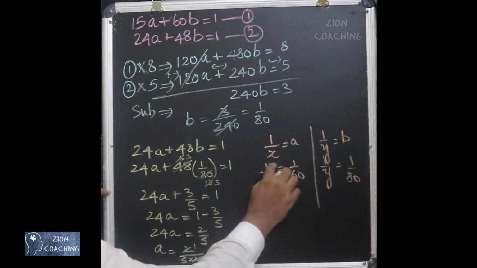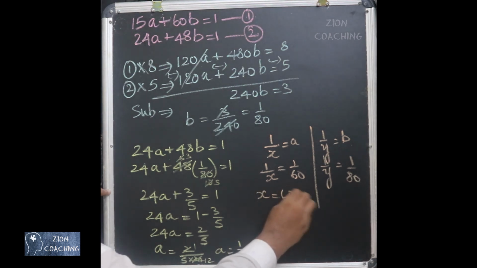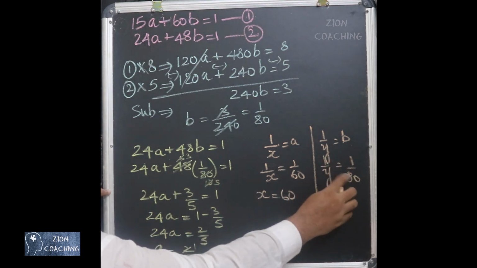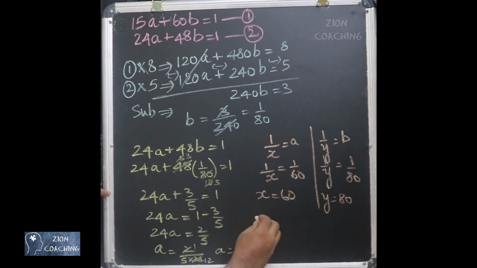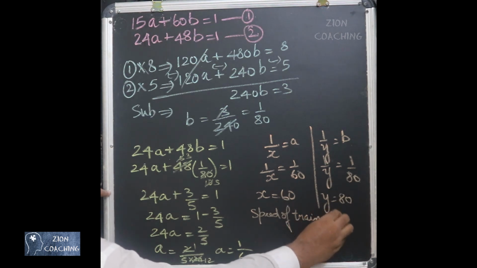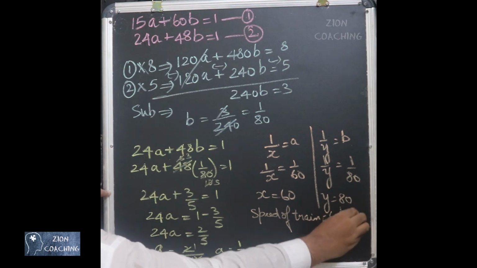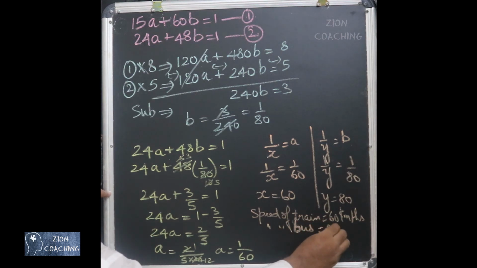Since the numerators are equal, denominators also will be equal. So your x value is 60, and y value will be 80. Now speed of train is 60 km per hour. Speed of bus is equal to 80 km per hour.